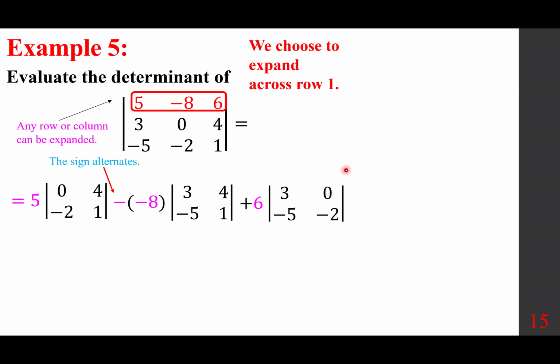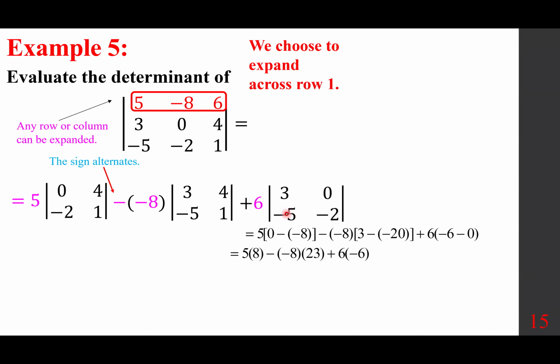This is 0 there, product. So again, 5 times 0 minus 8, minus 8 or plus 8, 3 times minus 4 times negative 5, which is negative 20, plus 6 times negative 6 times 0. You simplify it, and you end up with 188.